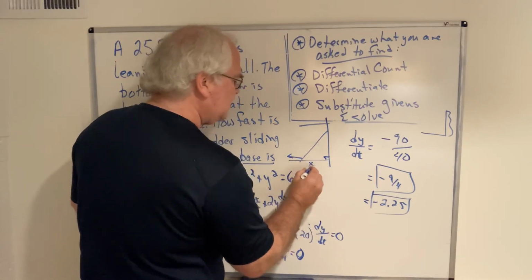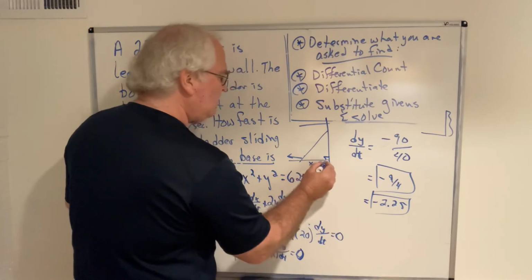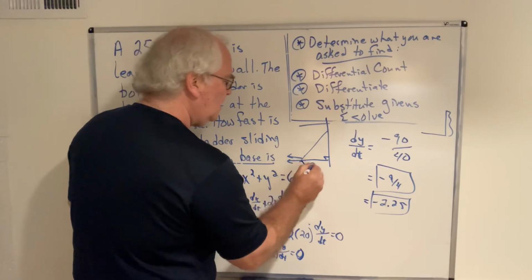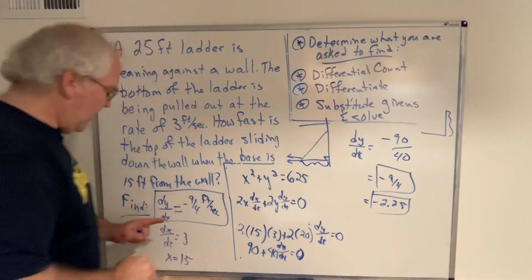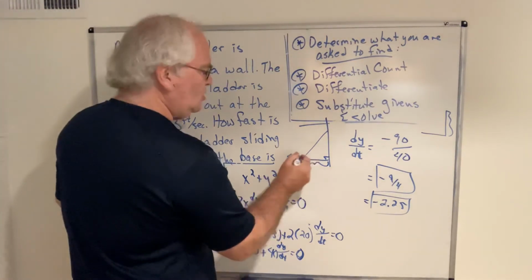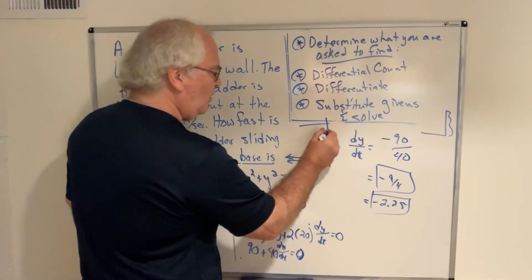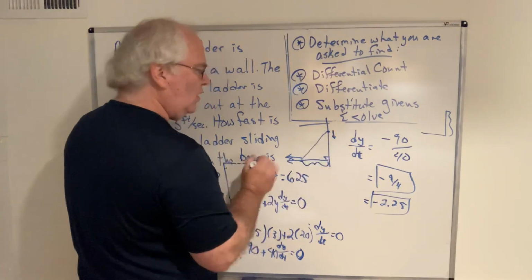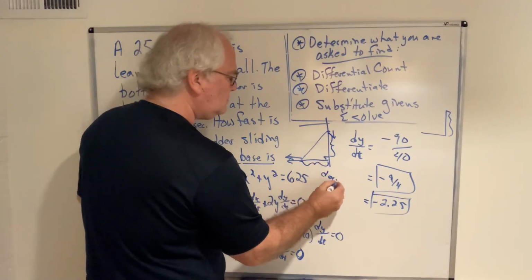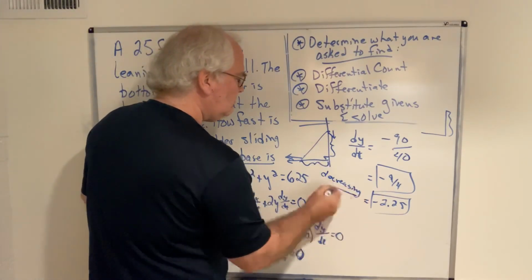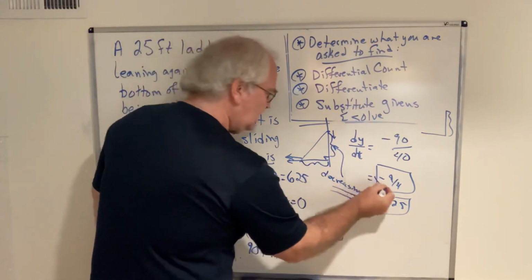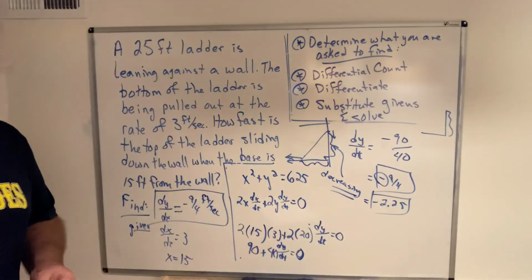This distance x is getting larger. As time goes on, x is getting bigger. This value, x, is increasing. And that's why dx/dt is a positive number. But as this moves out, this point is moving down the wall. This side is decreasing.